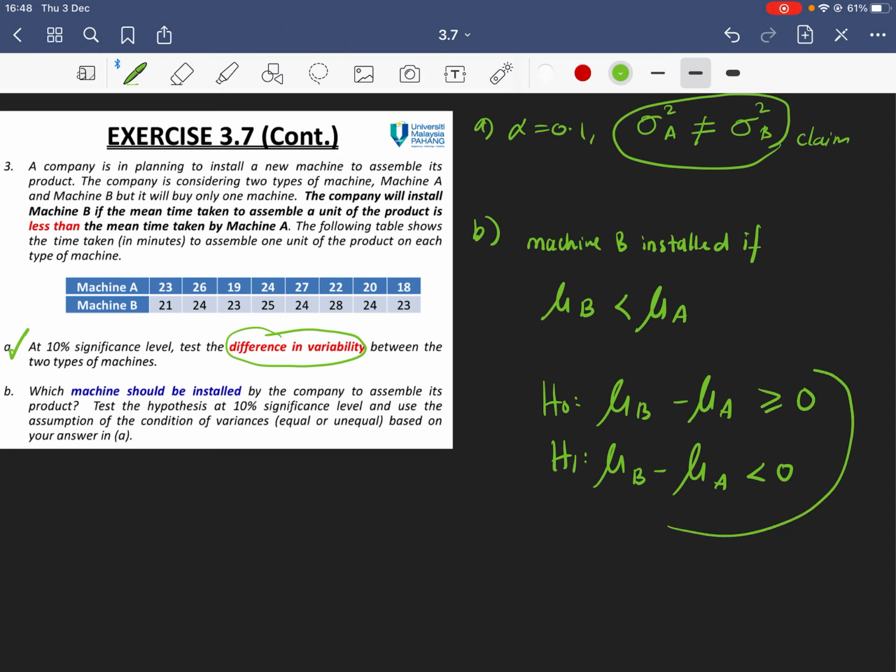In order for you to proceed with this hypothesis, you need to find this one first, the same as the example just now. So please try this exercise 3, and you can show me your answer. Thank you guys.